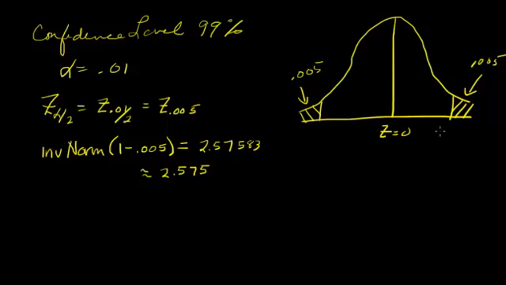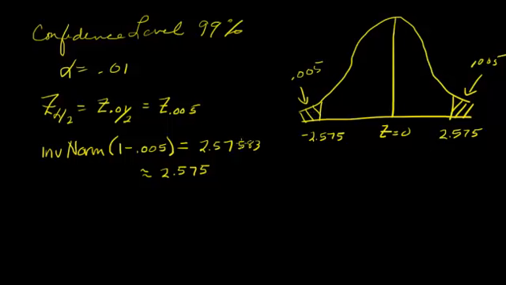This is 2.575 and negative 2.575. The critical value, the z-score that separates the statistics that are likely to occur, which are in the non-shaded area, from those that are unlikely to occur. Anything way out here or way down here, unlikely to occur.